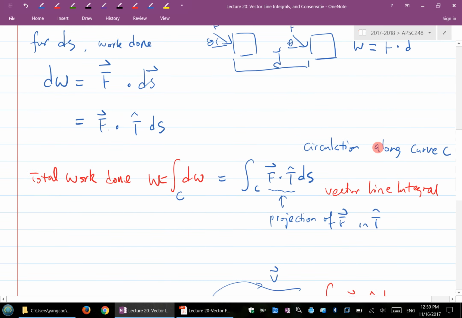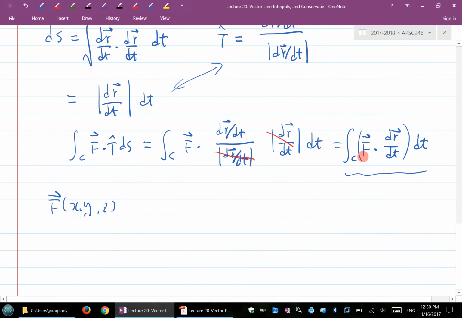So your f here, you need to replace with the parametric equations x of t, y of t, and z of t. Okay, so that's what you do with this f here. Once you do that, everything is done. Then you can do the rest of the operation here.